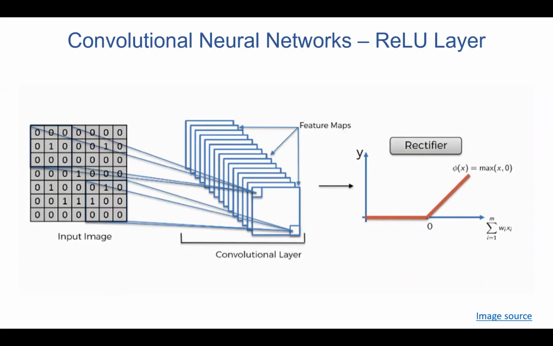The rectifier linear unit, the rectifier function that we apply. Remember, the equation behind that was we simply choose the maximum between x and 0, where x is the actual current pixel value. If x is less than 0, then obviously you will select 0. With that, all the values less than 0 will be converted to 0.